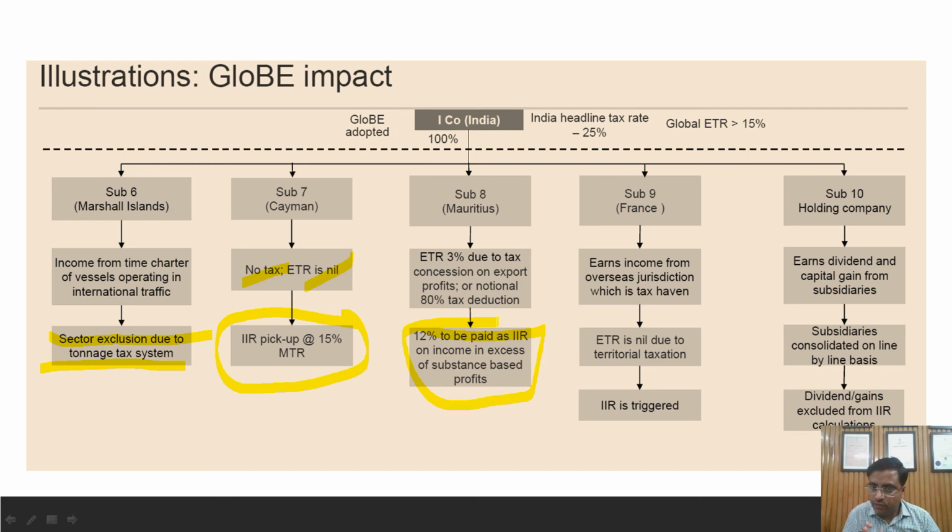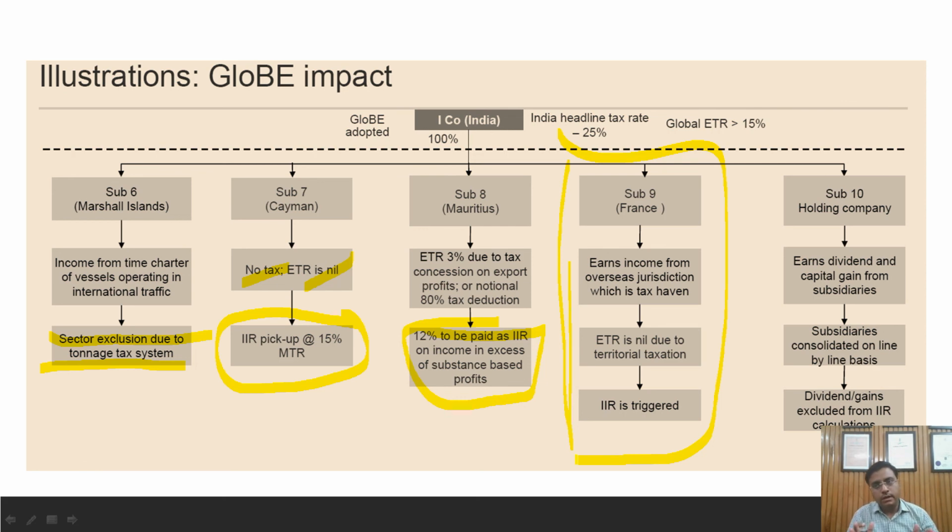In respect of France as well as Singapore, they follow a territorial taxation basis. The tax is computed on the basis of source income. You earned from France, you earned from Singapore, so they tax only at that level. So IRR is triggered in this particular case also.